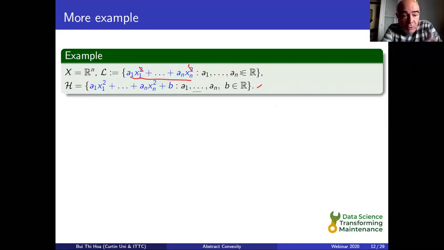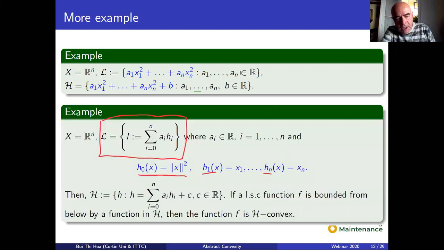And the same would happen when you take suprema. This means that an abstract convex function, among other conditions, must be even in each variable. So it cannot be true what you said, that every lower semi-continuous function which is bounded from below is abstract convex. But I think the correction is easy.